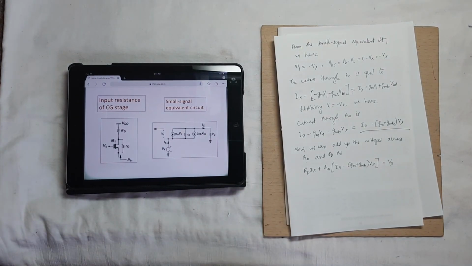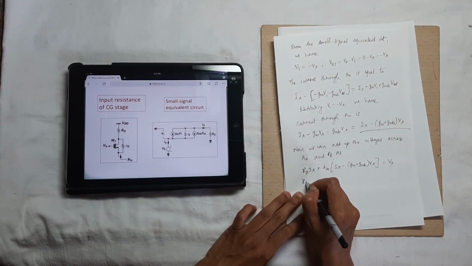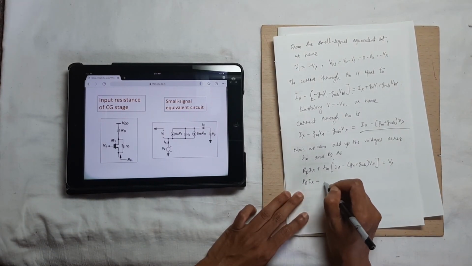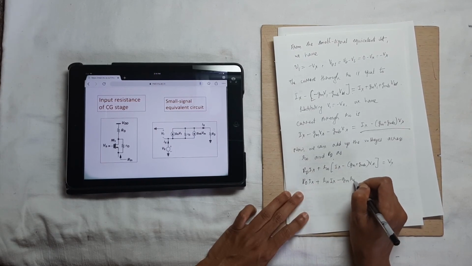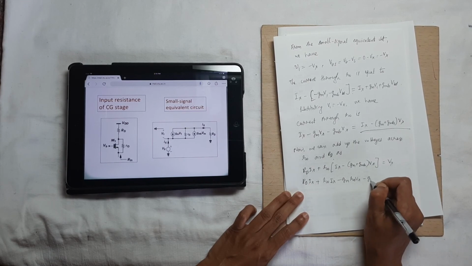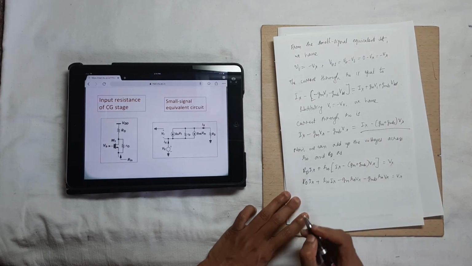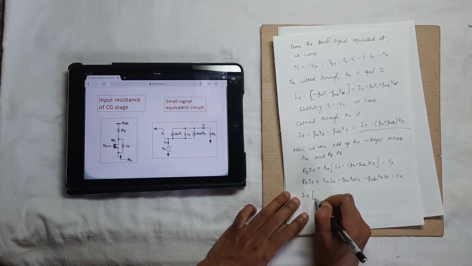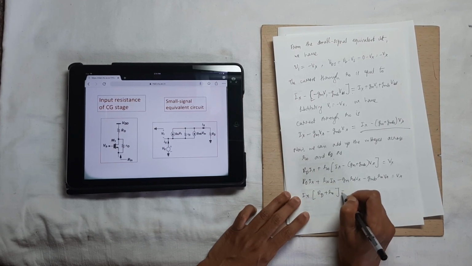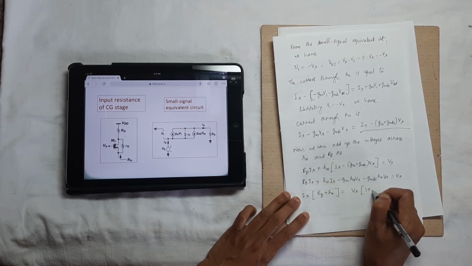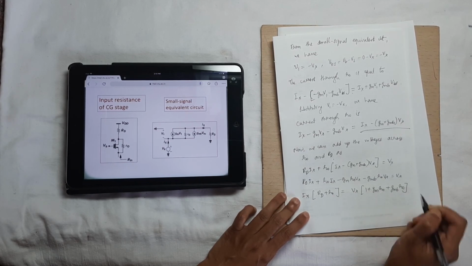Now simplify this and find the expression for Vx by Ix. RD Ix plus RO Ix minus gm RO Vx minus gmb RO Vx is equal to Vx. Ix into (RD + RO) is equal to Vx times (1 + gm RO + gmb RO).